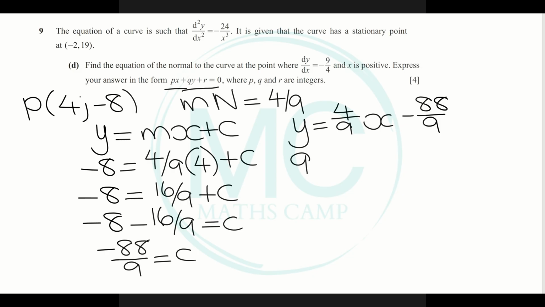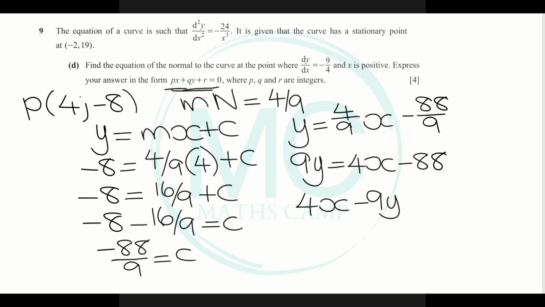It's going to get 9y is equal to 4x minus 88. The question wants all of our terms on one side of the equal sign, and you can decide which side you want to move them to. I'm going to move 9y to the right. So the equation becomes 4x minus 9y minus 88 is equal to 0. This is the equation for our normal.